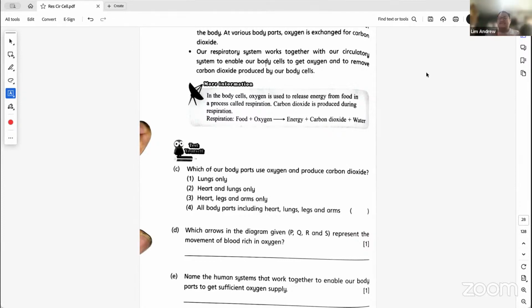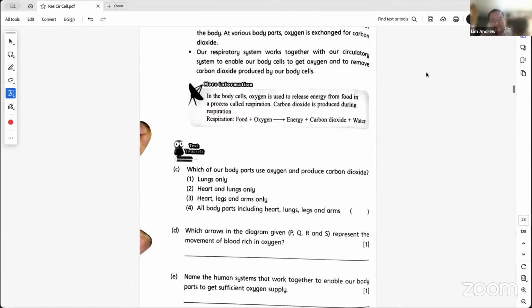So basically the heart will take some for itself, then pump the remaining material to all other parts of the body. So the answer is number 4. Remember one thing: all body parts, including heart, lungs, legs, arms, brain, eyes, whatever, as long as it's part of our body, all use oxygen and produce carbon dioxide.